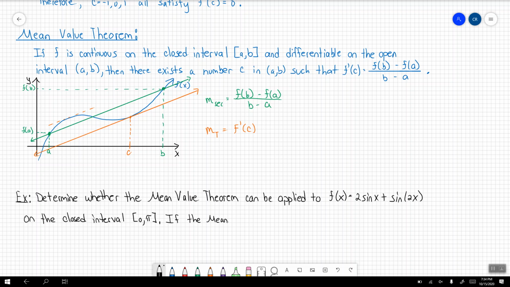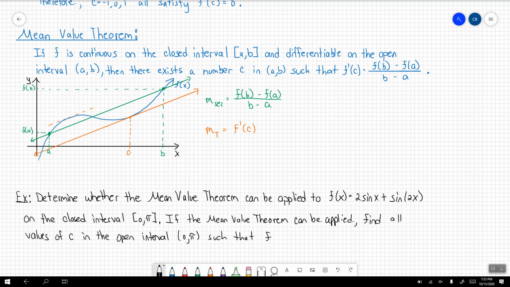If the mean value theorem can be applied, then we're just going to say find all values of c in the open interval from 0 to pi such that f prime of c is equal to f of b minus f of a, all divided by b minus a.